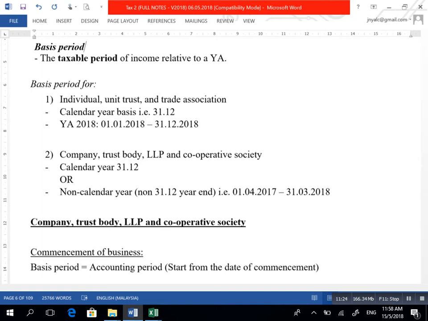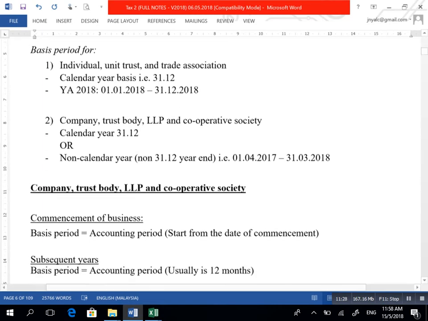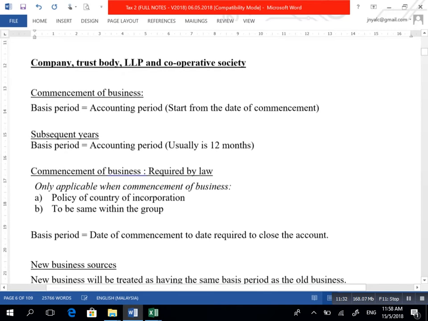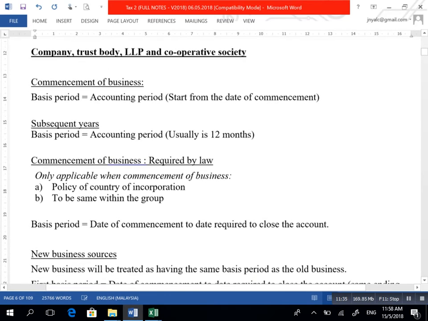Now because the company has a different year end, different months as their closing year end, we only need to study the basis period for company. We're not going to study for individual. Why? Individual is already fixed, right? It's from 1st January to December, every year repeated the same.